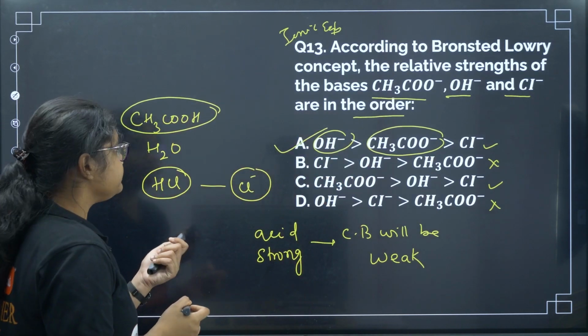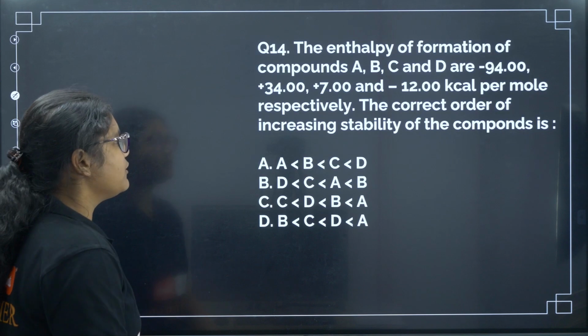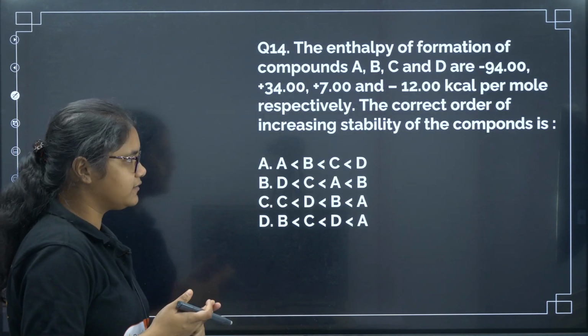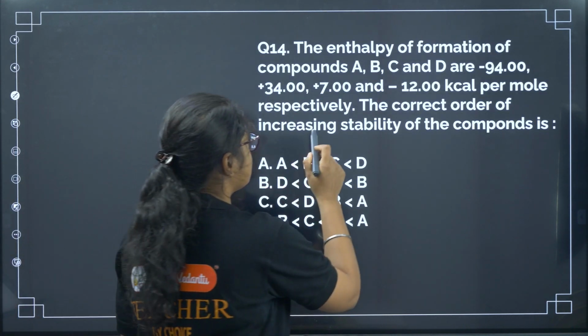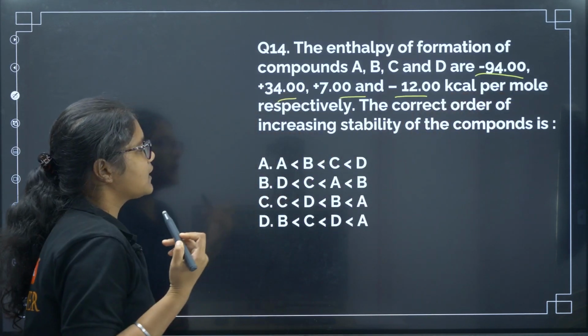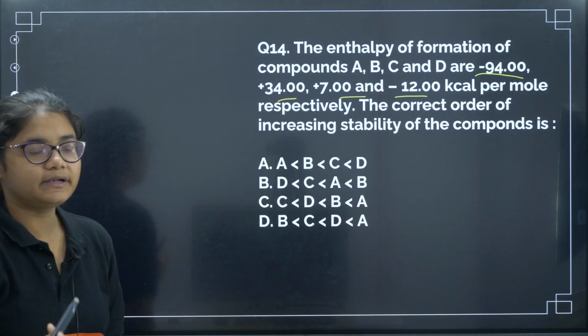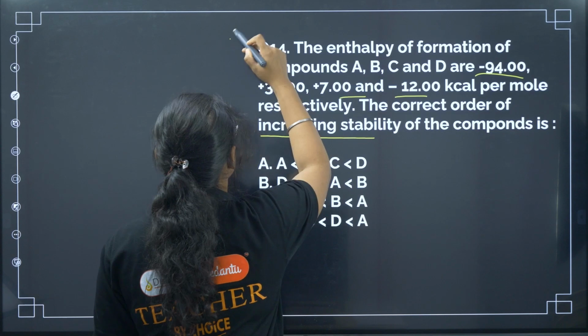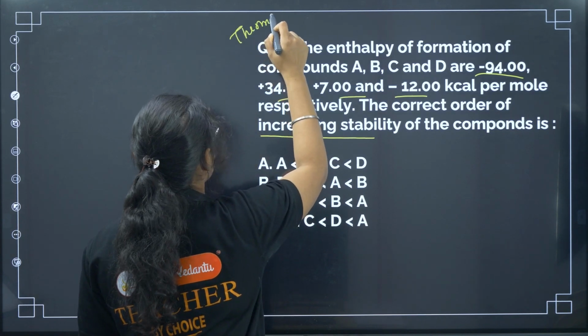Okay. Next question, the enthalpy of formation of compounds A, B, C and D are given: 34, 7, -12 and then -94. The correct order of increasing stability of the compounds. Okay, so this question is from your thermodynamics.